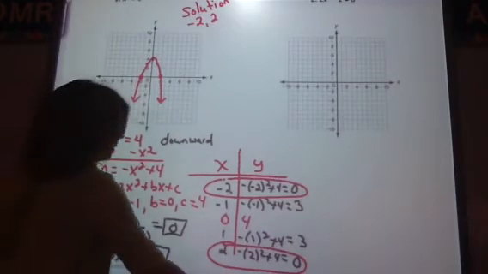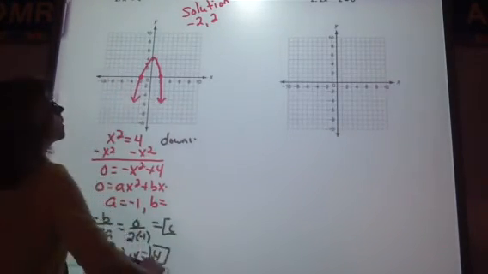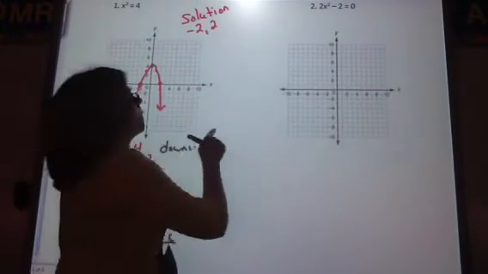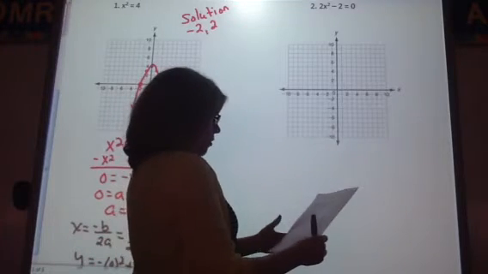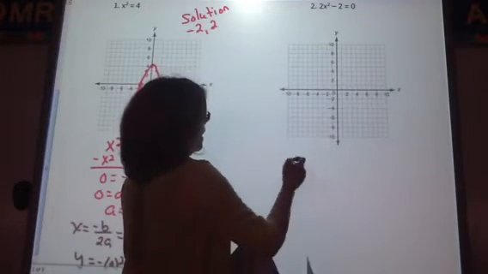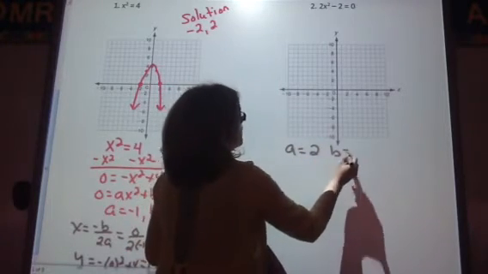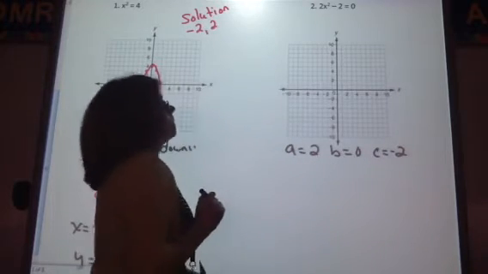I'm going to need to erase this. Okay, so we already have 0 isolated on one side of that equation. So what we can do on this one is go ahead and identify what our a is. Our a is 2, our b is 0, and our c is -2.